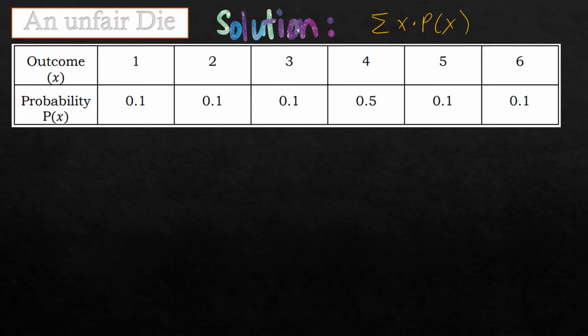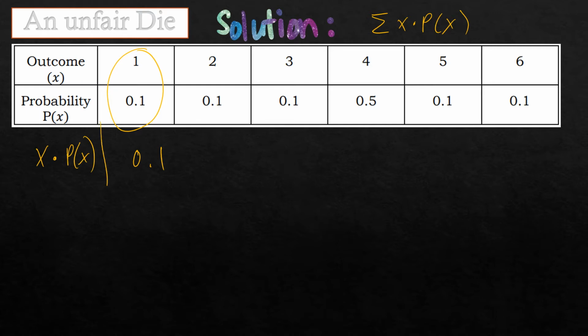Now, to solve this, we have to multiply first the values of x to its p of x. Starting here, 1 times 0.1, that's 0.1. Let me write here, that's x times p of x.